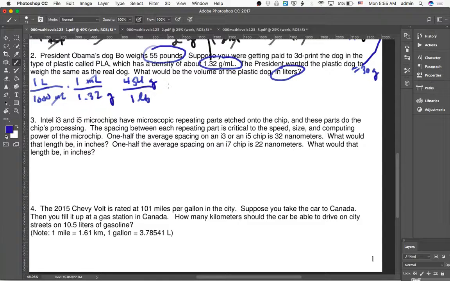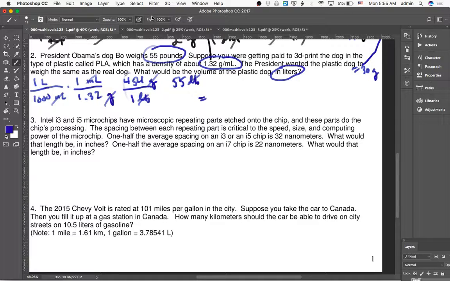And then the dog weighs 55 pounds. Don't worry, on the exam you will be given data like this that you are not intended to memorize. Pounds are not SI or even metric, so you'll be given those if necessary.